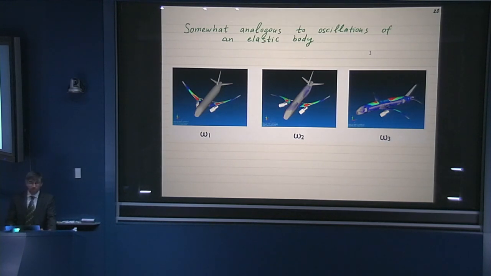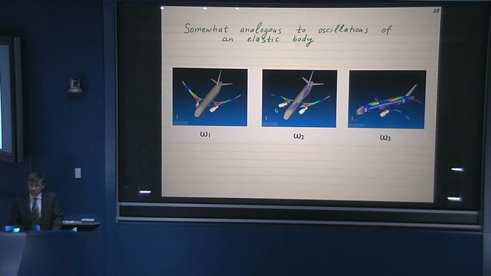For example, an airplane: fluctuations of an airplane, oscillations of an airplane, can be decomposed in different eigen oscillation types, eigen modes, which I show here. My dad is an aircraft engineer, so I asked him to make these pictures.